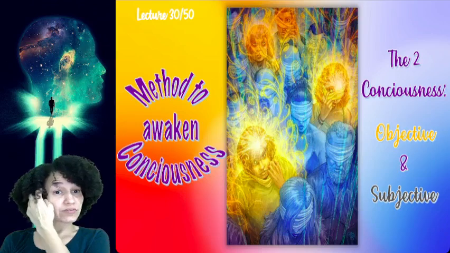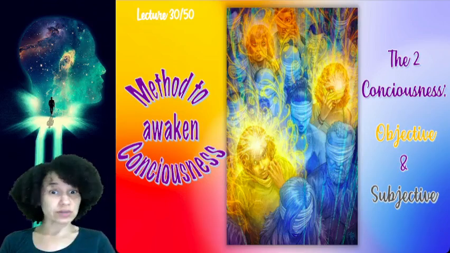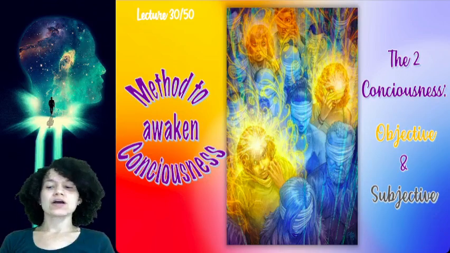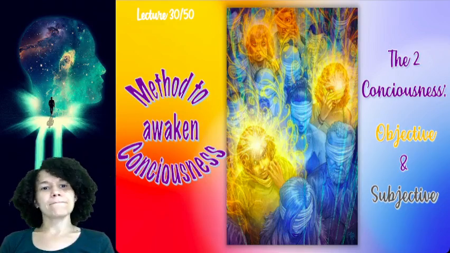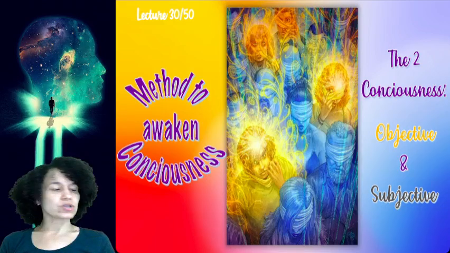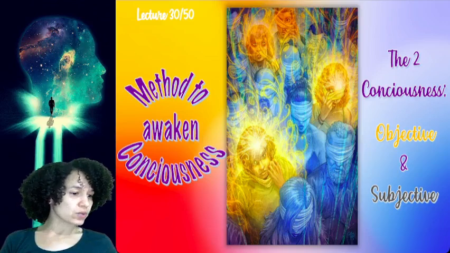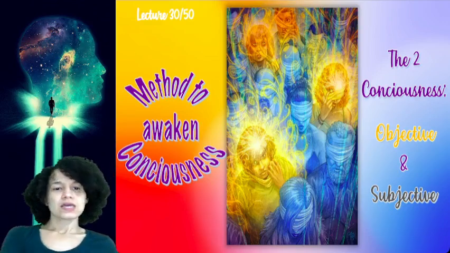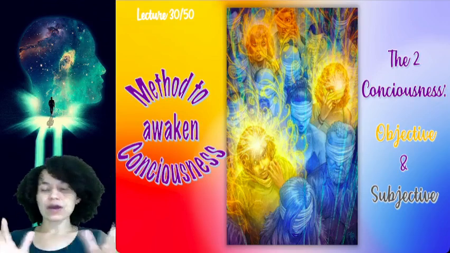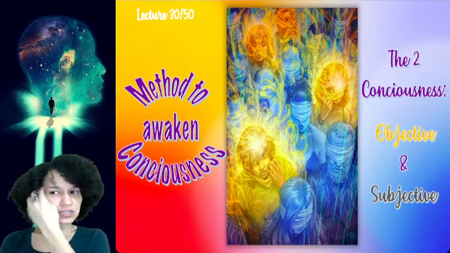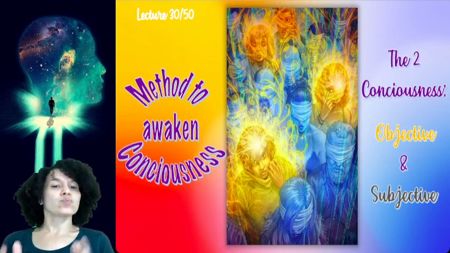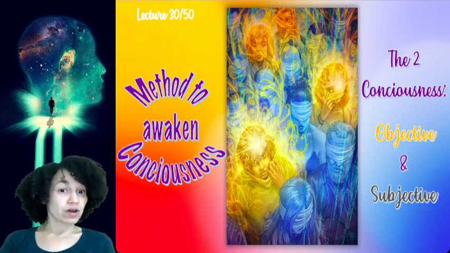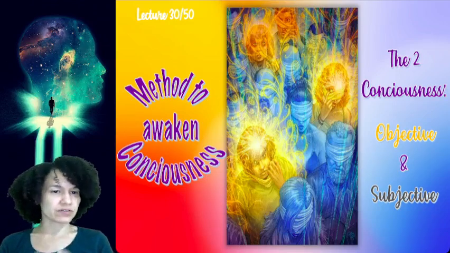Well, the objective of today's lecture is first that we have clear how our consciousness is divided, which are those two kinds of consciousness that we have. Why we have two kinds of consciousness, as you can see here, the objective one and the subjective one. We are going to see today why it is called objective consciousness and why it is called subjective consciousness.